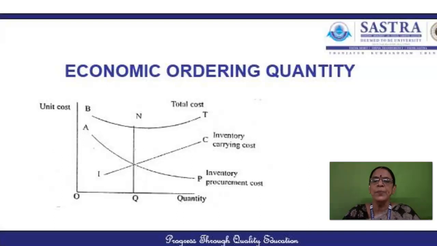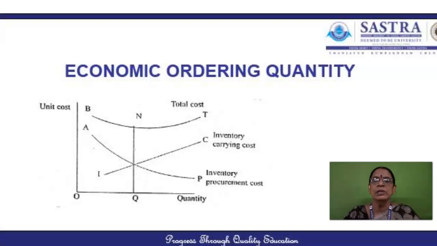The minimum point of the total cost will be the intersecting point of the carrying cost curve and the procurement cost curve. So the minimum point in the TC curve and the intersecting point of the carrying cost and procurement cost curves is the economic ordering quantity.